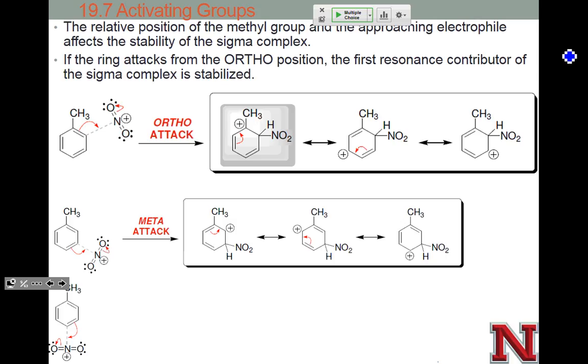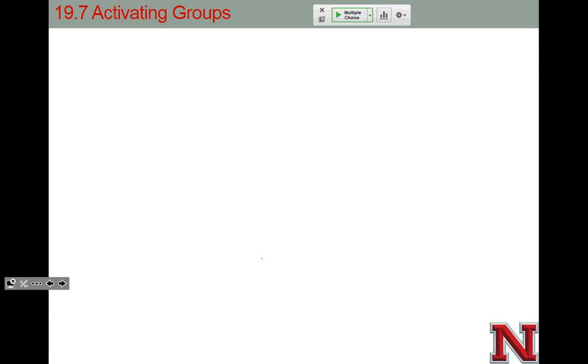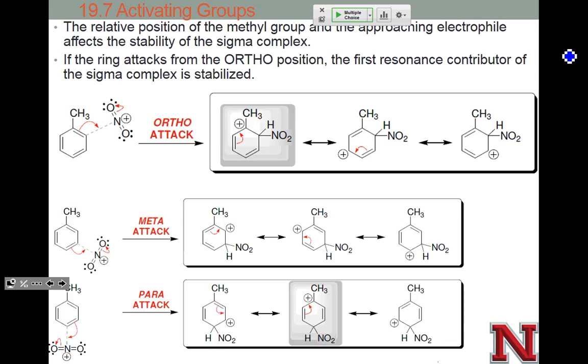So it's not necessarily that having the CH3 group with the meta position, we have any horribly unstable carbocations, but we never get this extra stabilization like we do in ortho. In the para position, you'll see that we also have the ability to form that more stable carbocation, the tertiary one, the carbocation that's directly next to the electron donating group.